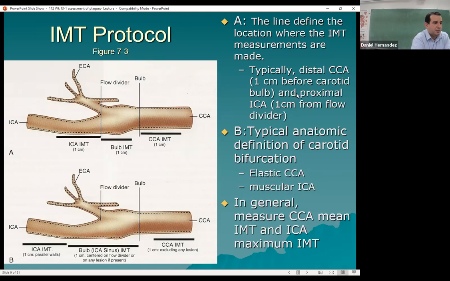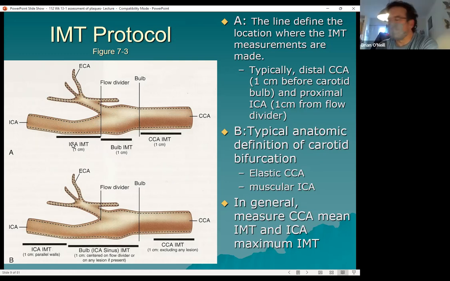And we also measure the proximal ICA 1 centimeter from the bifurcation. So we go 1 centimeter proximal to that bulb, and then we measure the intimal medial thickness of the ICA about 1 centimeter from our bifurcation.